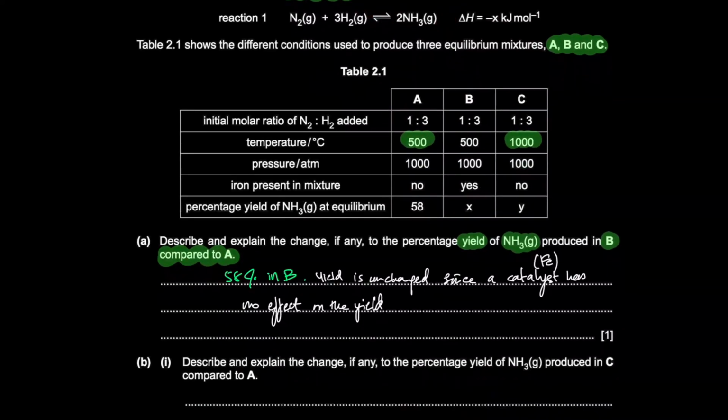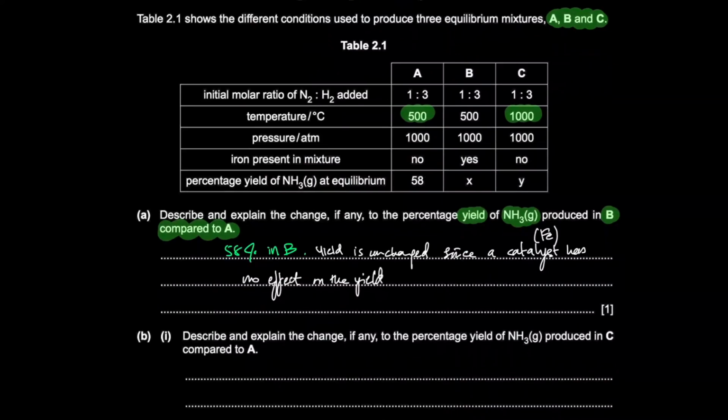So we can say that the percentage yield will be lower in C. And the reason why is higher temperature. I'm just going to give you the full explanation.